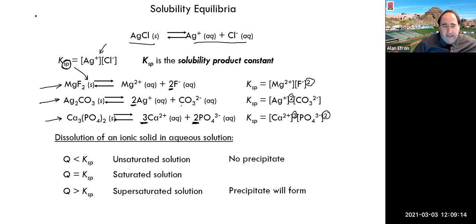A reminder that Q is the reaction quotient, and it is calculated the same as K, products over reactants, which means in dealing with Ksp, it will be just like Ksp, products. And we could compare Q to Ksp.